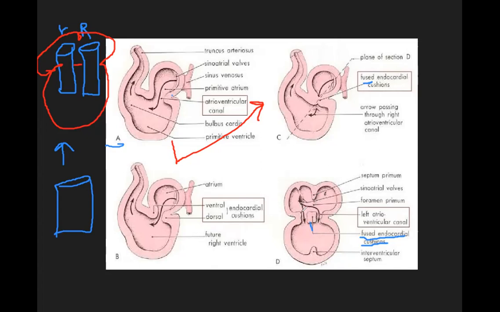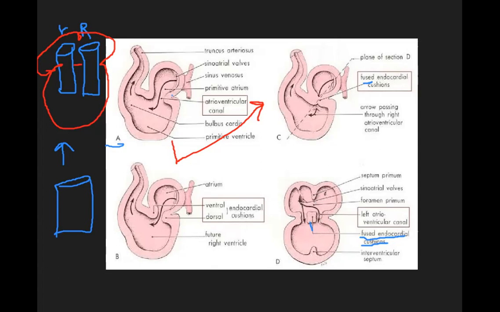And it is forming the atrioventricular valves on the left and the right side, the mitral and the tricuspid valves. And also it will help in forming the septum of the atria, but not the complete septum.